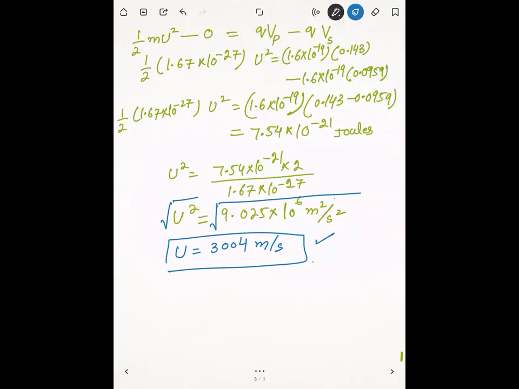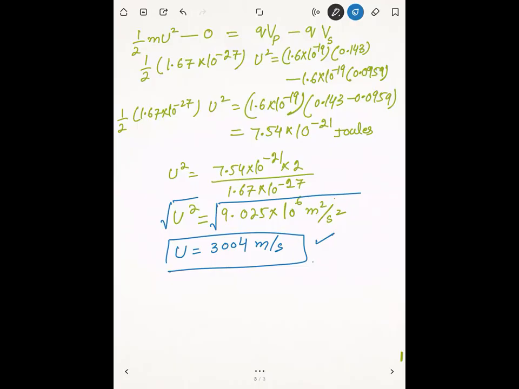This should be the initial minimum speed for the proton so that it should be able to reach point P starting from point S. Basically, proton is moving towards repulsion, so it is decelerating. So it needs some energy to overcome the repulsion. So initially, we have to provide kinetic energy to the proton so that it could overcome the repulsion and it could move towards point P.